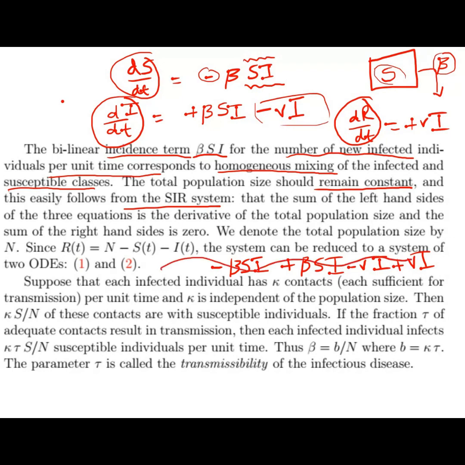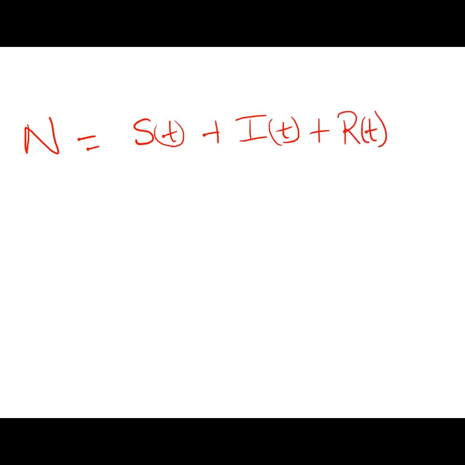Why? Because we know so well that our population N equals S, the number of people in the susceptible compartment, plus I, the number in the infected compartment, plus R, the number in the recovered compartment, but N is constant because the population is not changing.